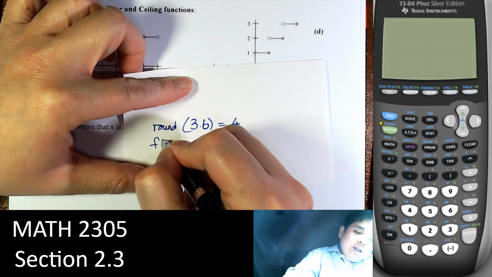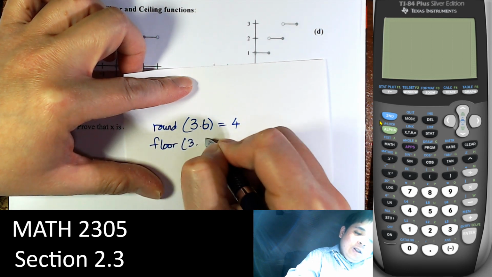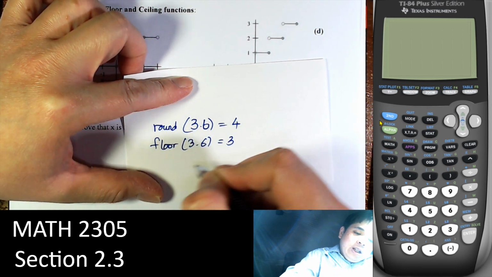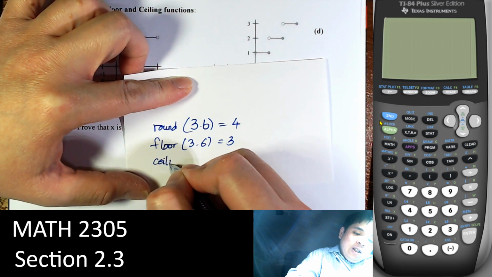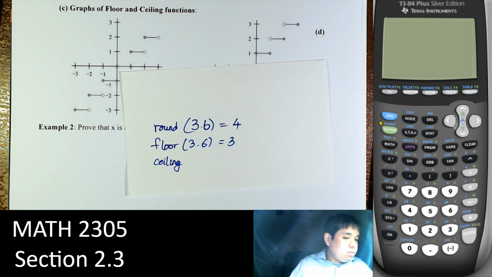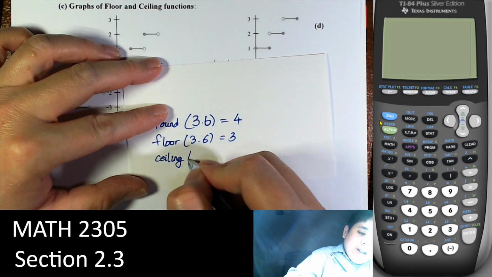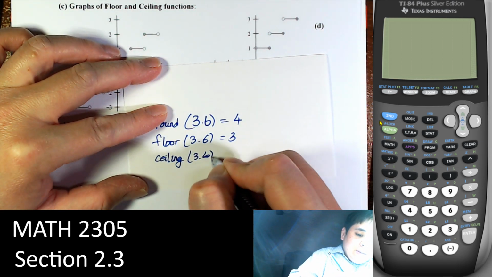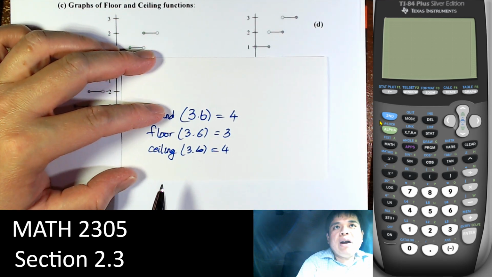The floor only gives us 3, and the ceiling gives us 4. But we cannot get the rounding from just one of them.